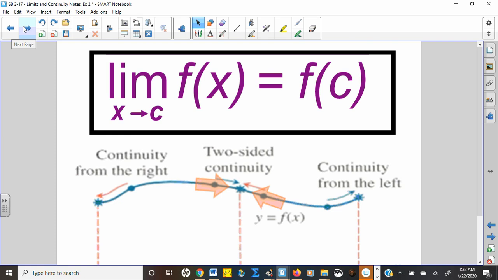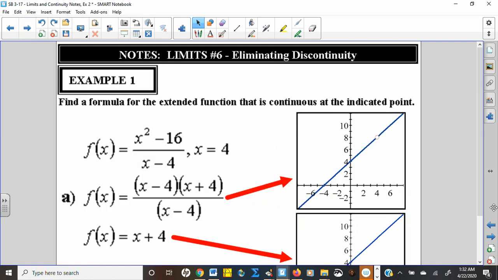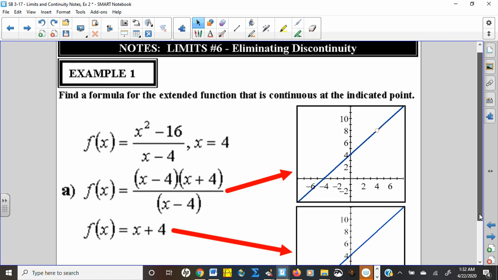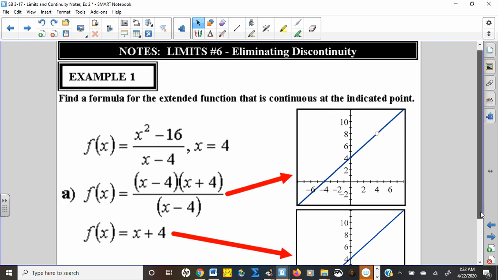Okay. But let's go ahead and dive into the primary focus of today, which is eliminating discontinuity. We know 4 primary types of discontinuity: removable discontinuity, jump discontinuity, infinite discontinuity, and then oscillating discontinuity.